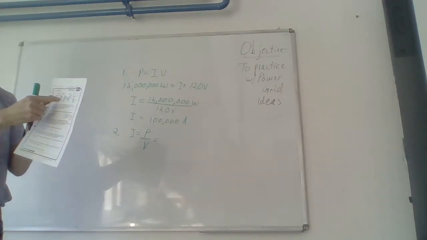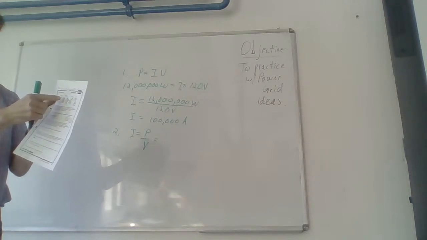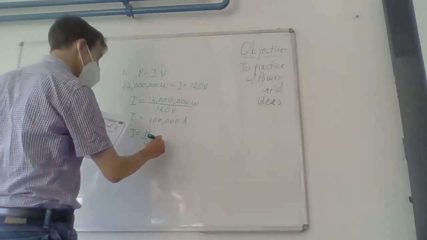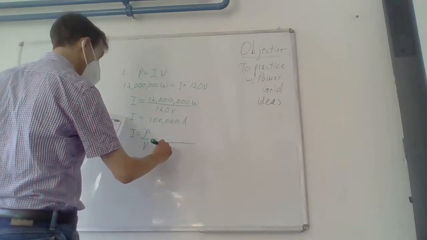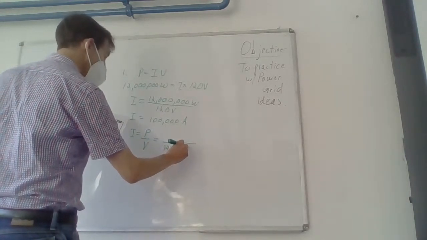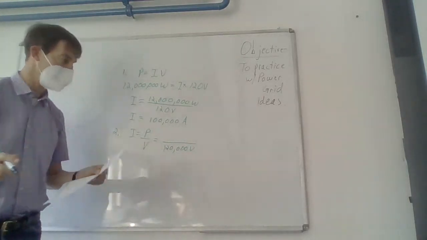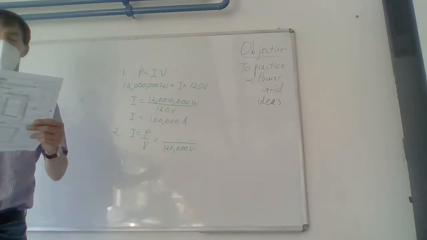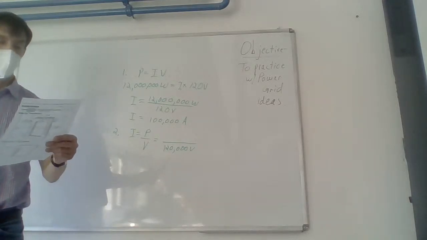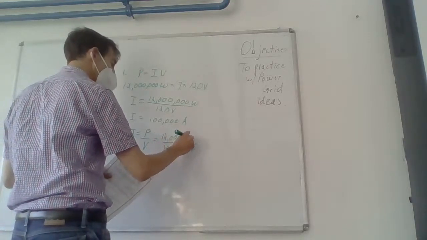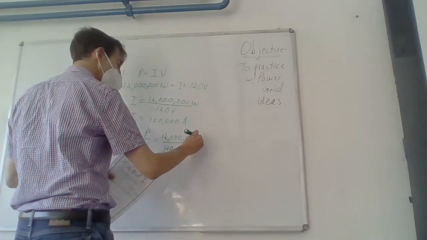When they're sending it, right? 120,000 volts. And folks, what about the top number? Sorry, that's the bottom, the voltage. The top, we're still putting in what for the power? Timothy? You got it. 12 megawatts or 12 million watts.